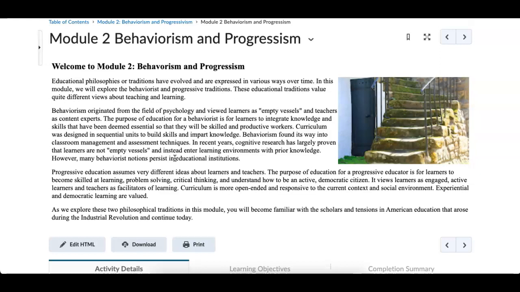So as you can see, it's based upon the learner's needs. And yes, there are goals of educators, but it is a lot different from the behaviorist standpoint. Those are the two big themes that we're going to be studying in the next 3 weeks.